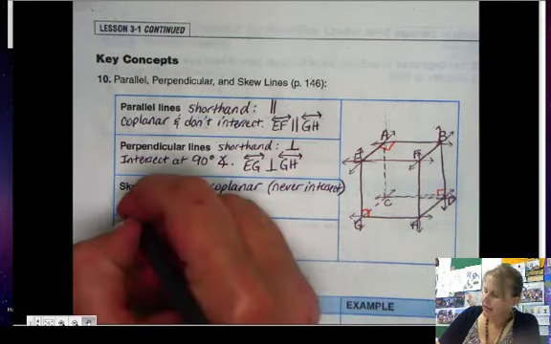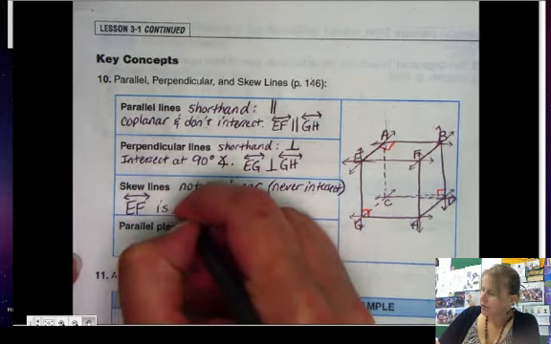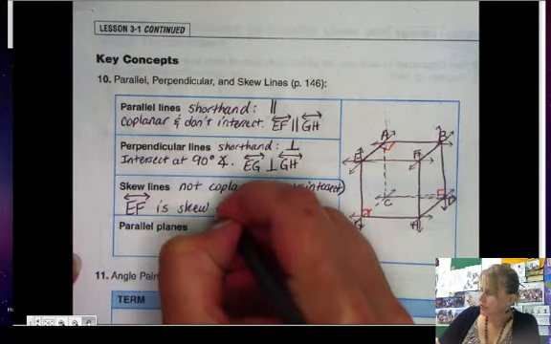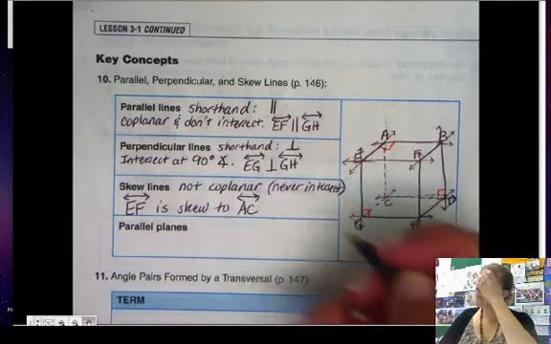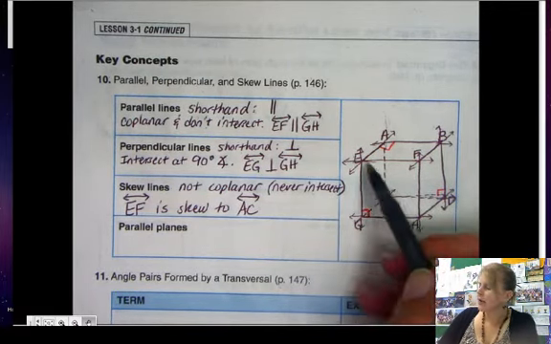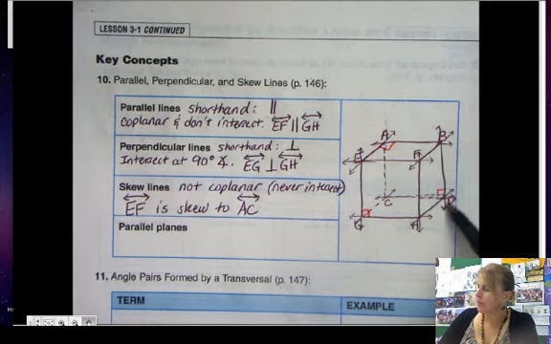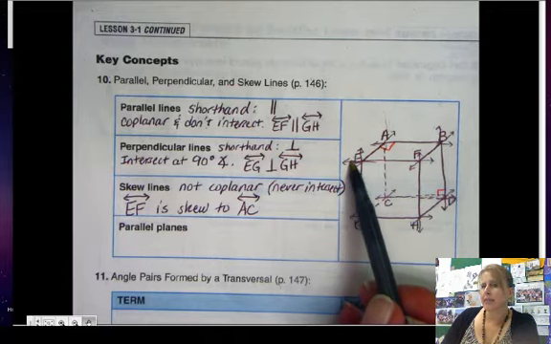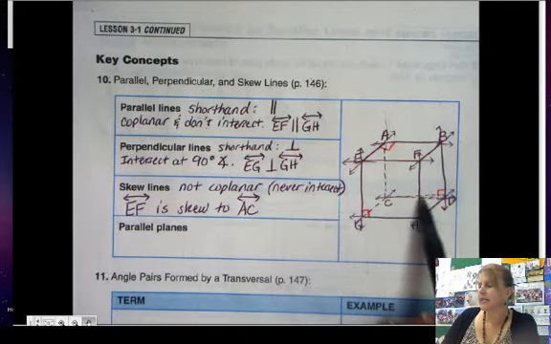So we could say EF is skew to AC. There are other options for skew lines as well. EF is also skew to BD back here. A lot of students will make a mistake and say that EF is skew to CD.